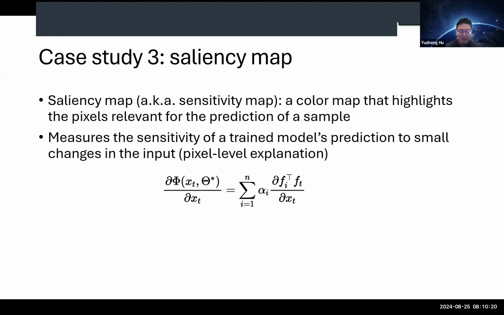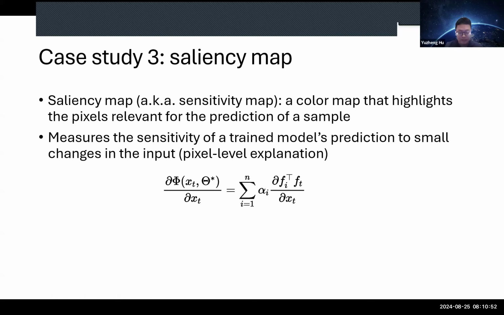Here a very important observation is that since we already have a decomposition of this pre-activation prediction, for this representative point selection, we already decompose it into the summation of alpha i, the representative value, times F_i transpose F_t. So here we can just take the partial derivative with respect to the test sample, and then we have another decomposition formula.